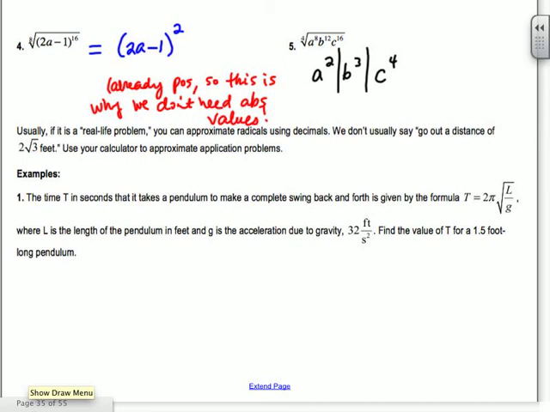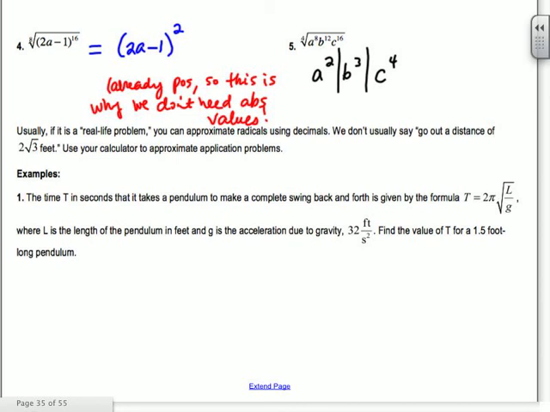Okay, so usually if it's a real life problem, you can approximate radicals using decimals. We don't usually say go out a distance of 2 square root of 3 feet. That'd be weird. So we usually use decimals in real life. Okay, so it says the time t in seconds that it takes a pendulum to make a complete swing back and forth is given by the formula t equals 2 pi times the square root of L over g, where L is the length of the pendulum in feet, and g is the acceleration due to gravity, which is 32 feet per second squared.